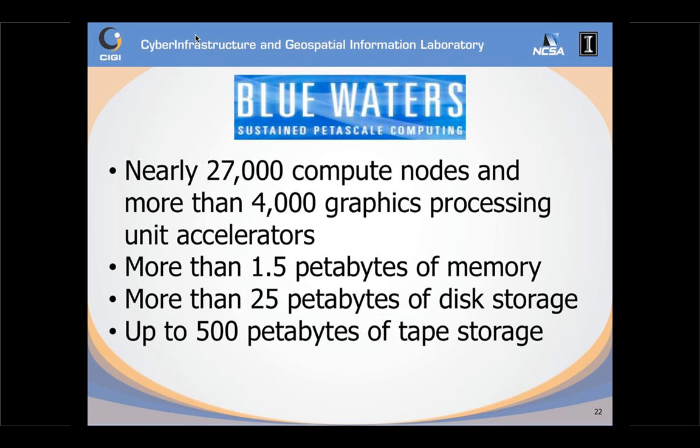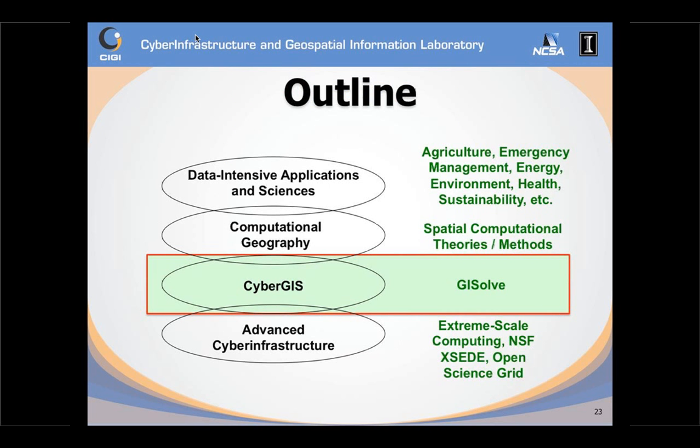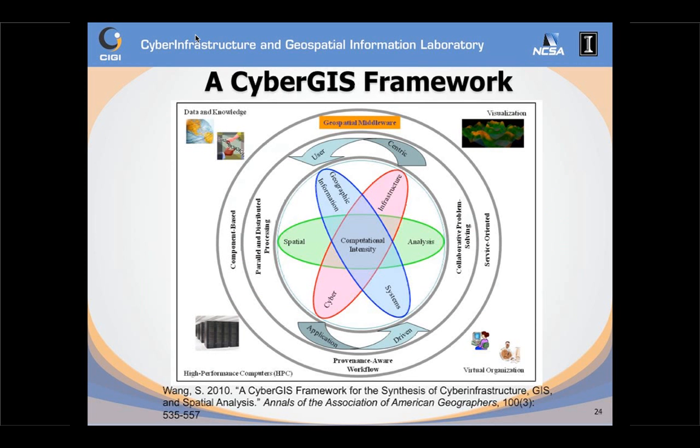And an example like Blue Waters here is a balanced compute and data capability machine. And if you consider a lot of CyberGIS analytics, the traditional GIS algorithms are basically not ready for getting good scalability out of this kind of machine.